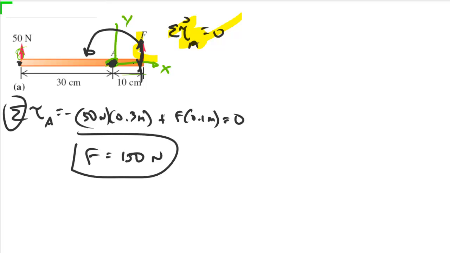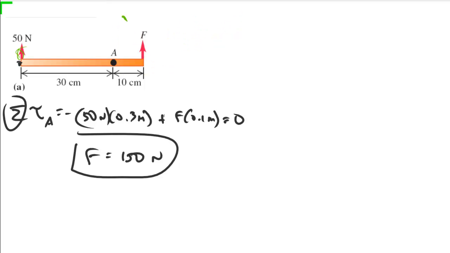Quick little thing, and as you play around with summing torques, you'll see this as you experience it more and more. It ends up just being a quick little ratio. If I have a longer moment arm, this one's a 30 centimeter moment arm, 50 newtons, then this is a shorter moment arm, so the force needs to be greater, because it's really the force times moment arms have to balance out, right?